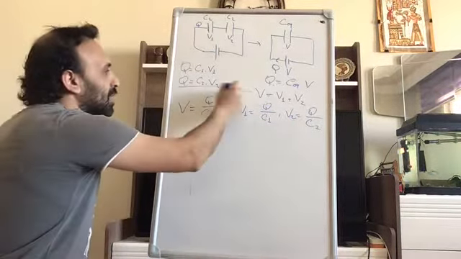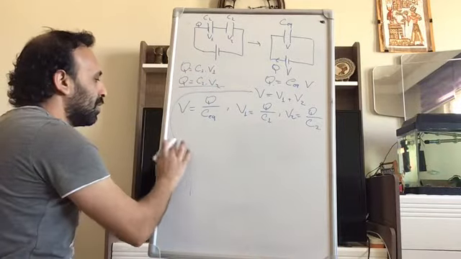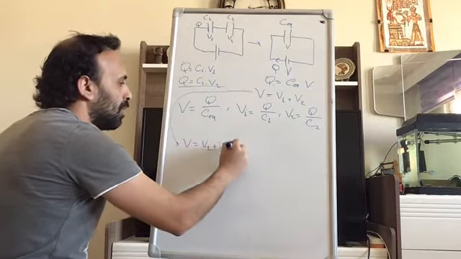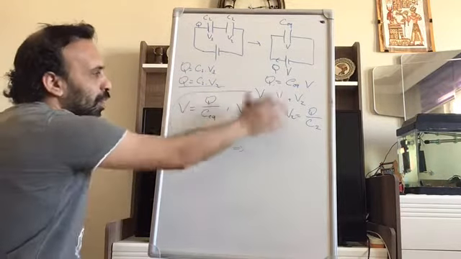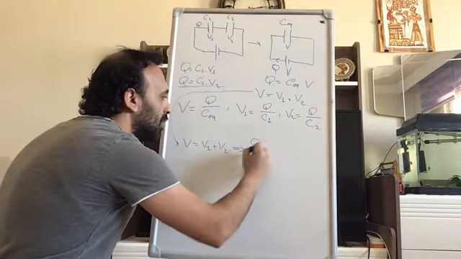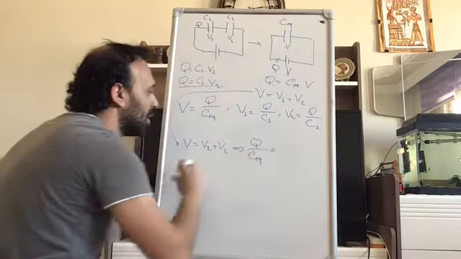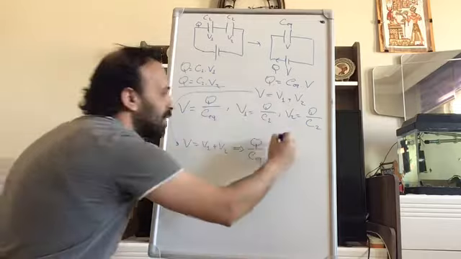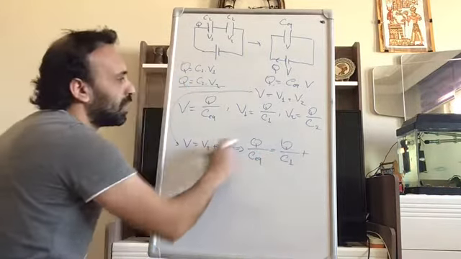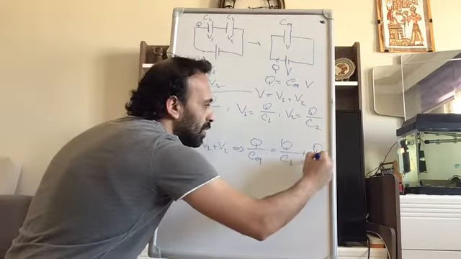Now let's get back to this equation. V is equal to V1 plus V2, but if I plug all these equations into here, Q over C equivalent will be equal to V1, which is Q over C1, plus V2, which is Q over C2.